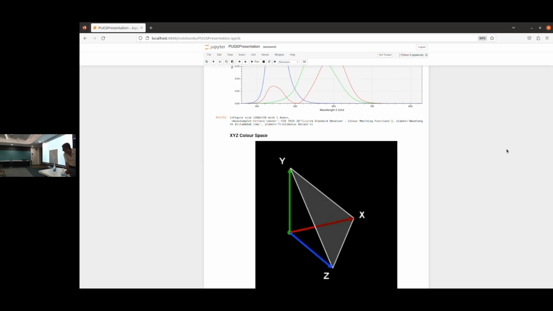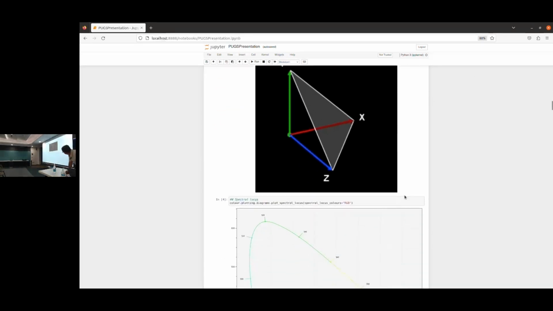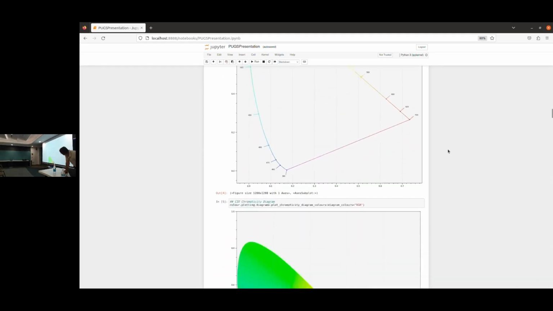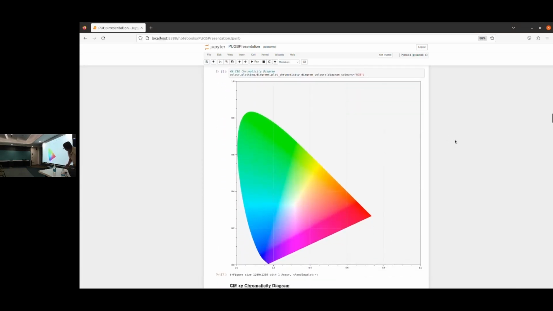So when we did that, we ended up with a curve like this. That locus of points is essentially every spectral wavelength where it intersects the unit plane, and the colors are indicated for convenience. Those are all spectral colors, and inside this locus of points are different metameric colors that you can form with the equal energy white, as they call it, in the middle.